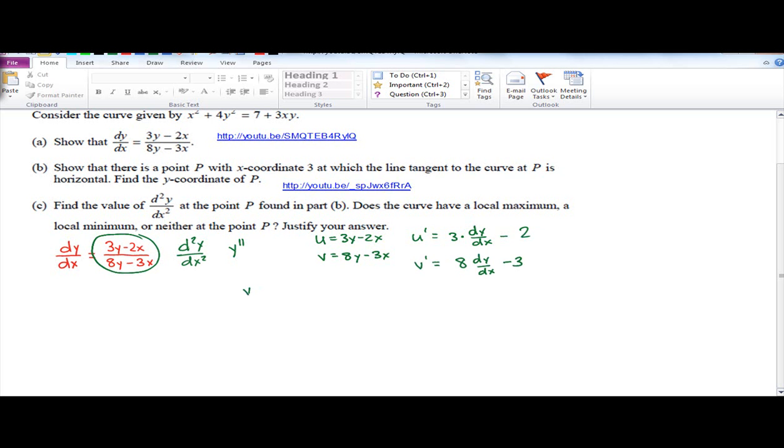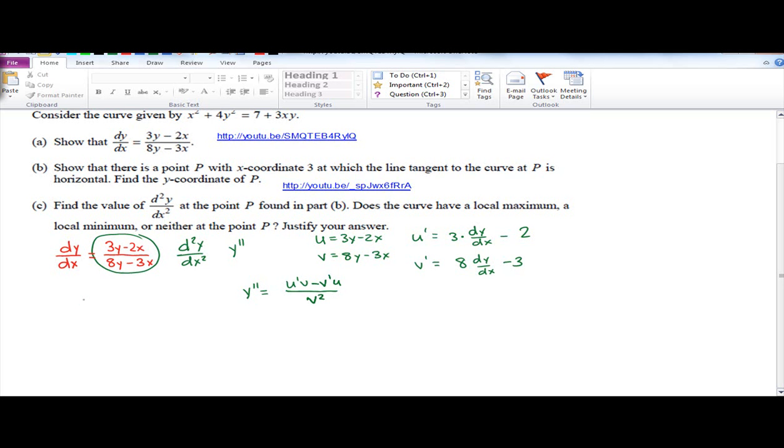And so y double prime will be u prime v minus v prime u all over v squared. And instead of plugging everything in and making this ginormous garbled equation, I'm going to go back and make everything into numbers to clean this up.